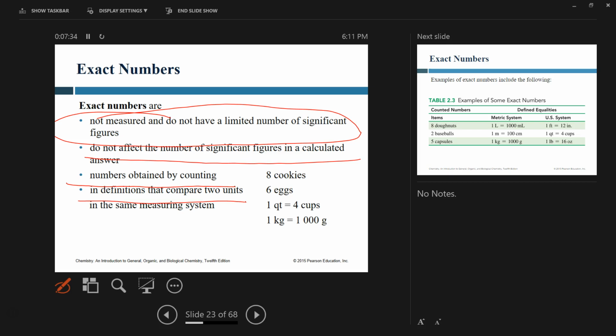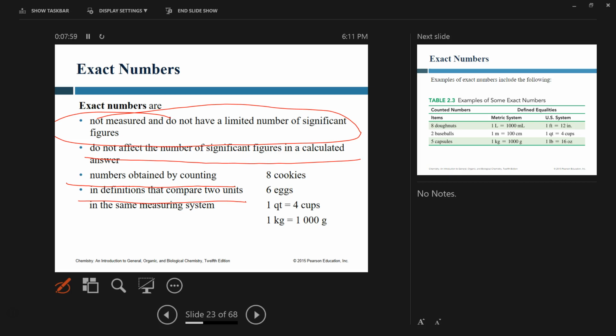You say, well, I don't want to use this. So 1 gallon is 4 quarts. Exact number. Various definitions of units. 1 mile is 1,609 meters. Exact number.